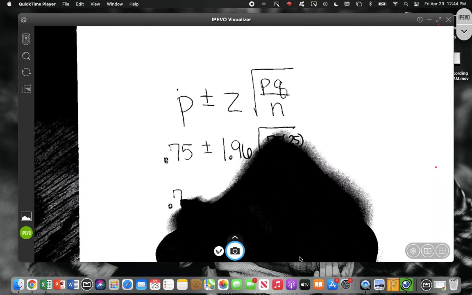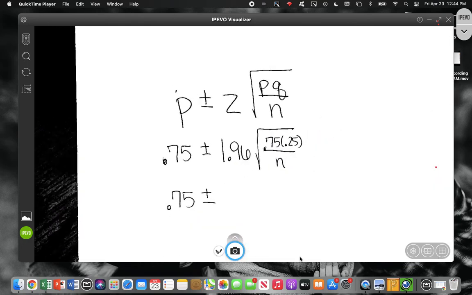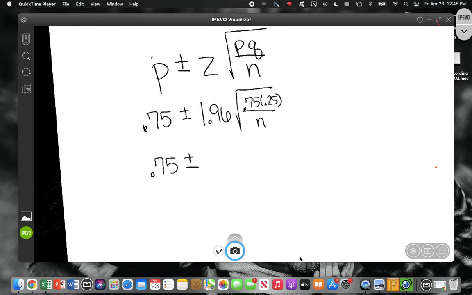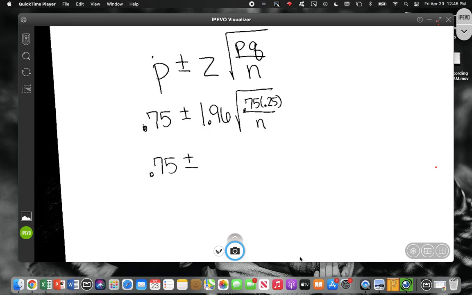So if we plug all of this in, this is going to give us a range of acceptable answers that might be above or below, but they're acceptable. Now, if we had a value in our tosses yesterday that was outside of that range, then we would say, okay, we can probably change our mind.